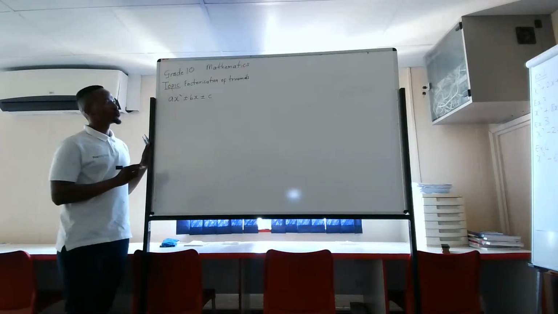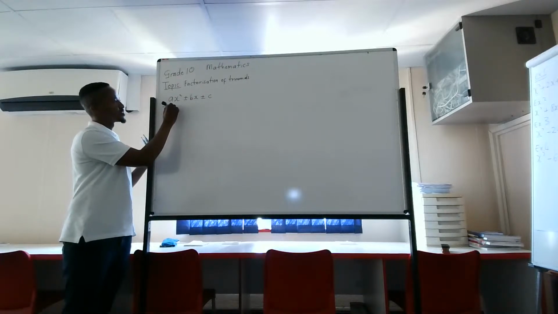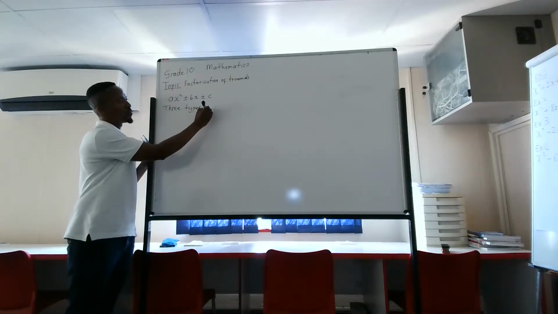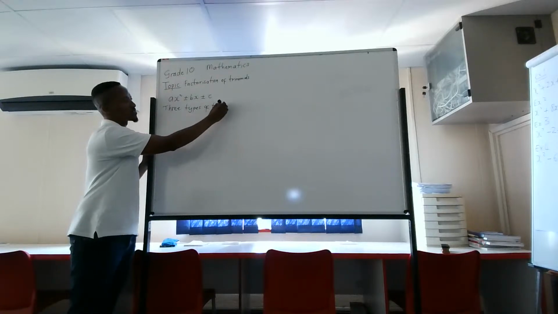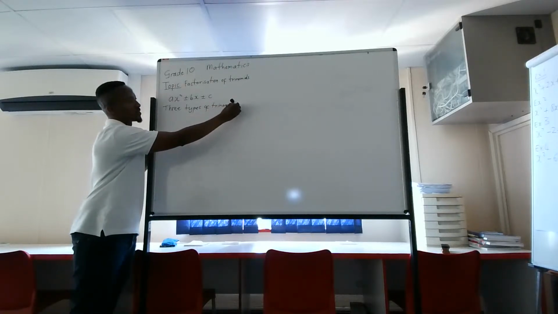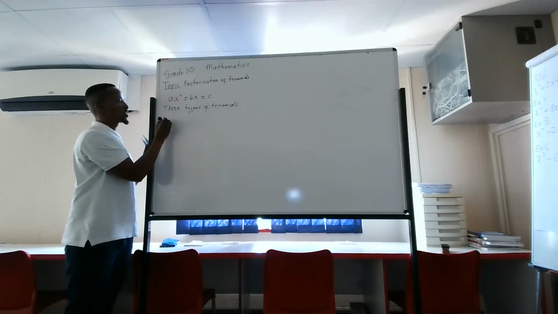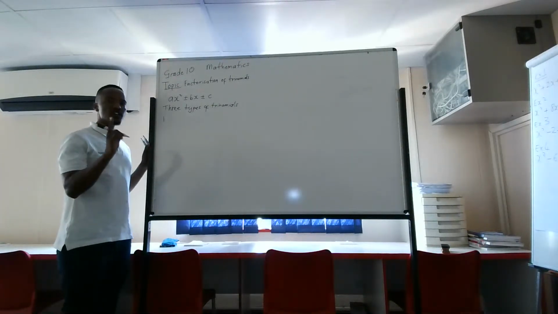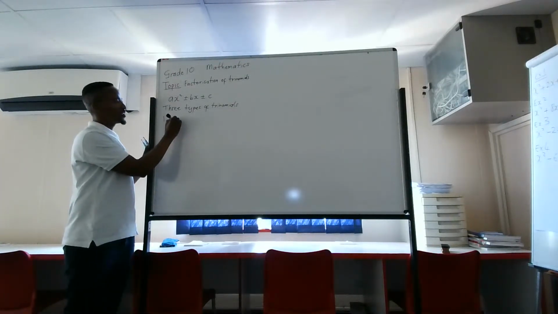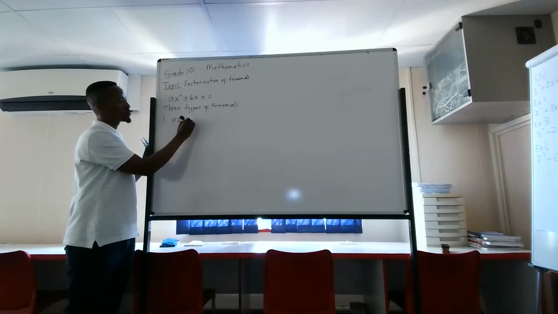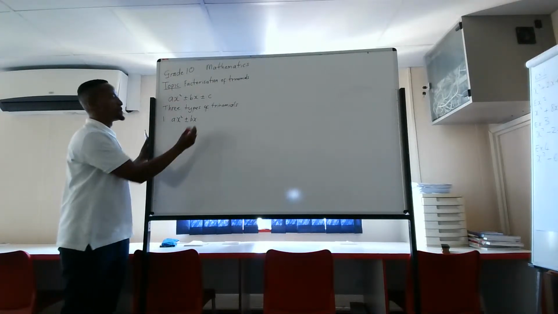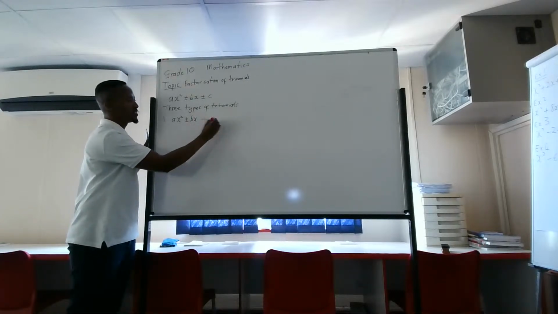There are also three types of trinomials that you are expected to factorize. The first type is in the form ax squared plus or minus bx plus c.